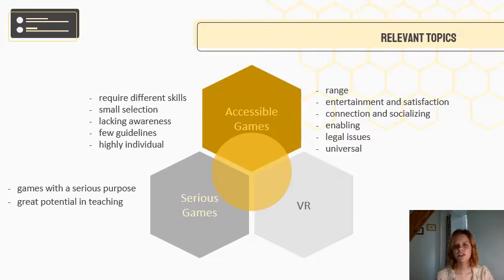You can meet in online communities, play together and be with friends. Some people can do things that they would otherwise not be able to do in the real world. They can learn in a safe environment. Then there are the legal regulations that I already mentioned, and ultimately, accessible games are universal.